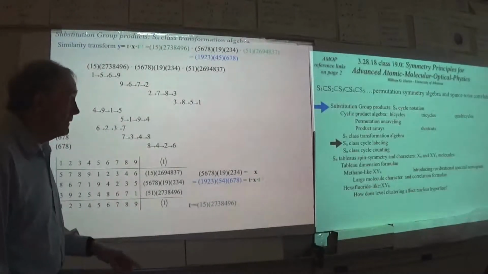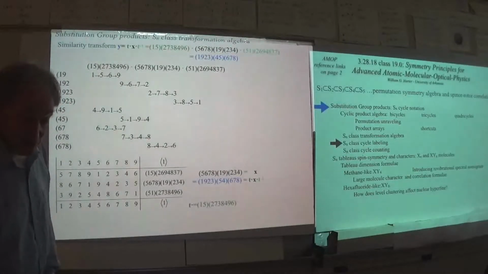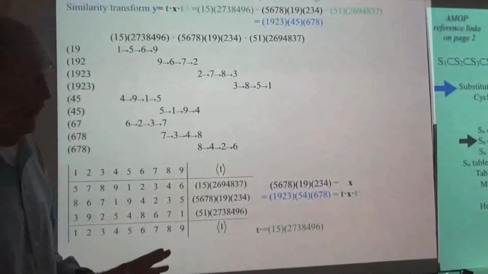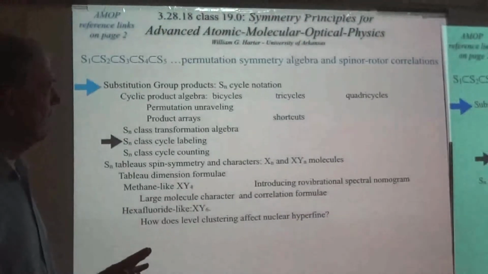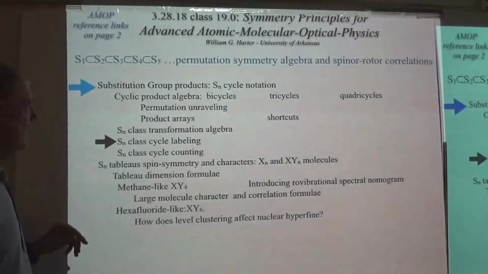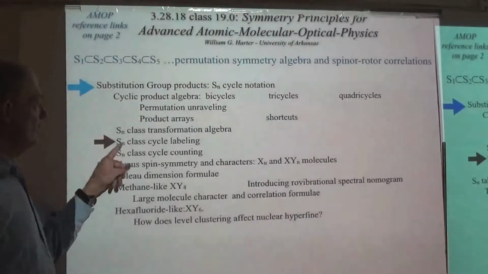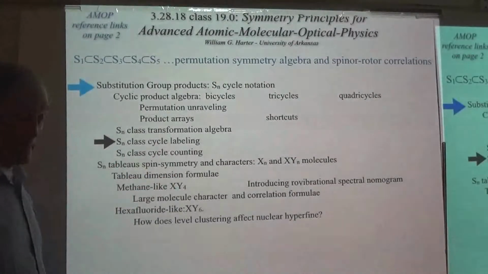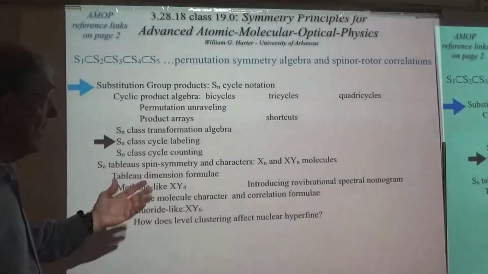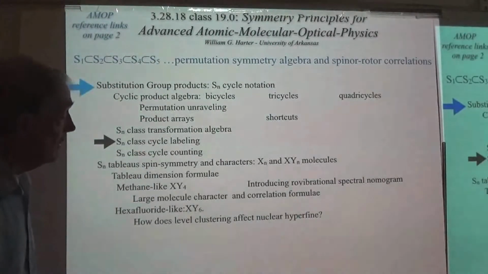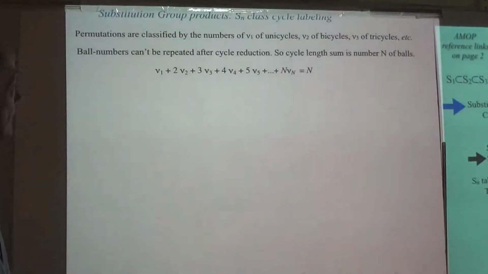But the next deal here is where most permutation group discussions in textbooks start. They just don't want to do the dirty work that we've covered right here. But this is class labeling and counting and all of the tableau stuff that comes out of that. We're going to start to infringe on that area very shortly here.